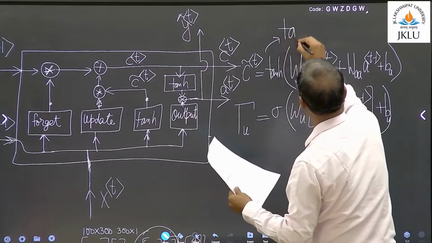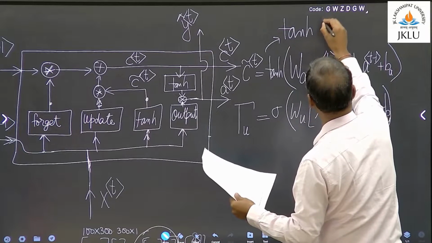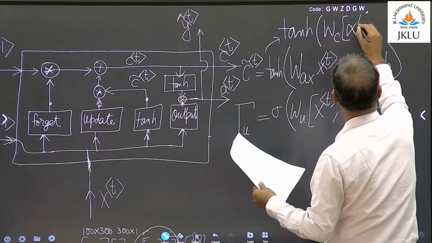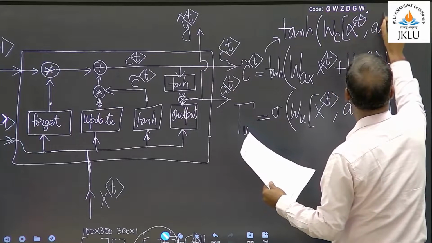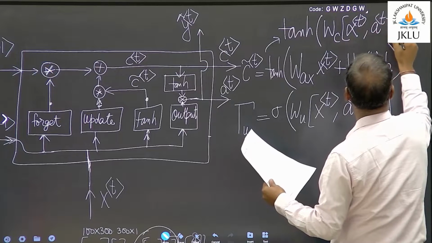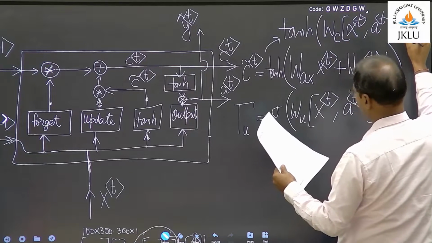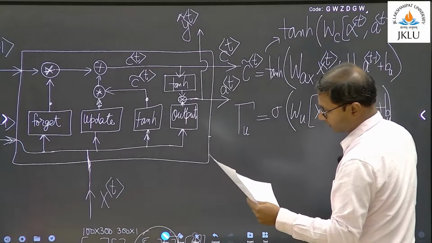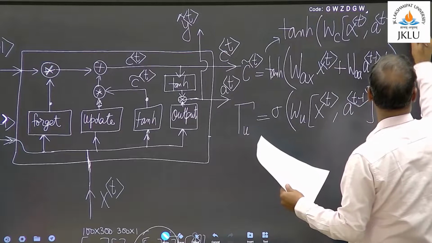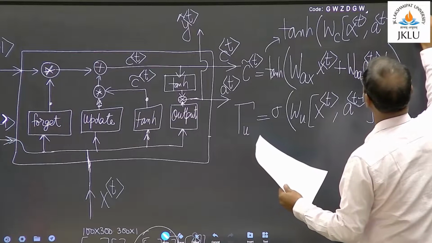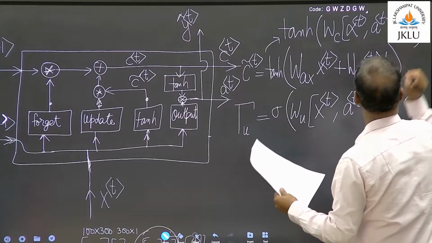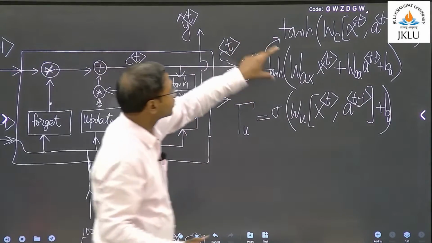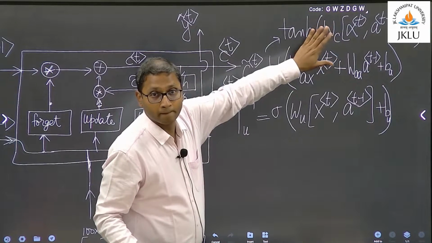It was tanh and then WC XT AT minus 1 and plus. Okay, so now we are not using A here, we are rather using C. Right. Done? So these two are same things I am repeating.